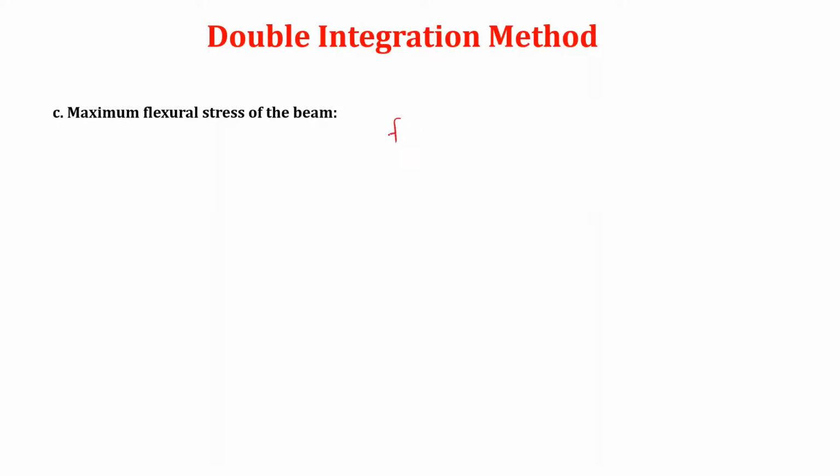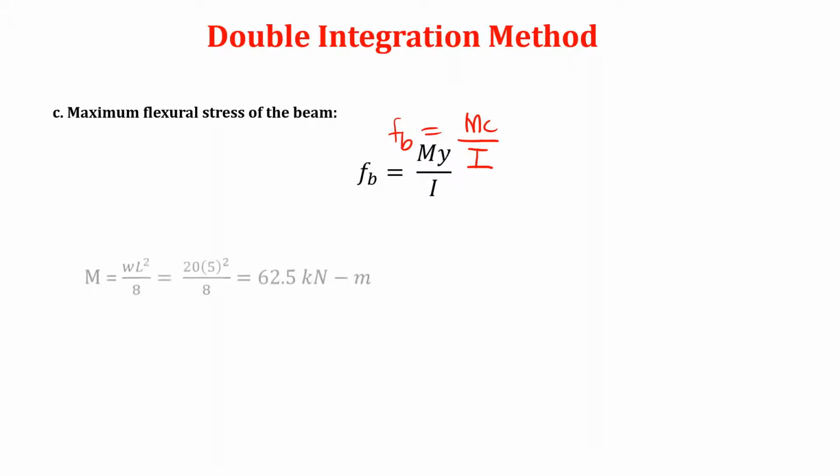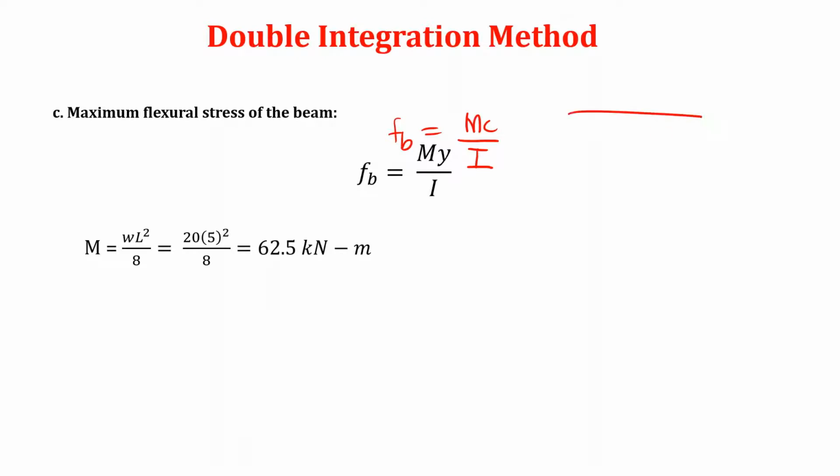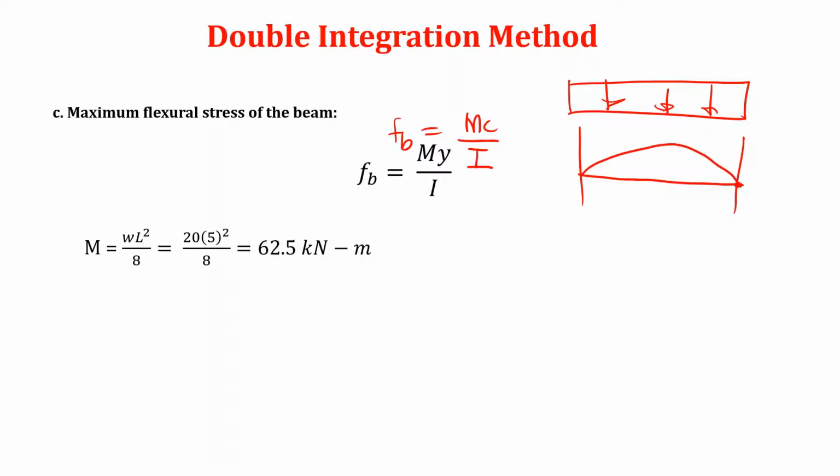For a beam, what is the stress? My over I, don't forget, or Mc over I. M is the maximum moment. What is the maximum moment for this loading? The moment diagram is like this. So, the maximum moment is at the middle, so there's no need to draw it. Remember this, it is very useful: the maximum moment at midspan is just WL squared over 8, so you can substitute automatically.